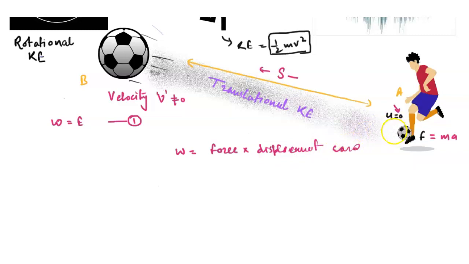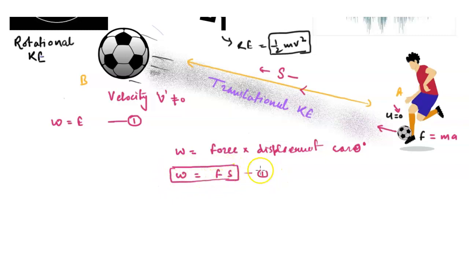You can see the force is applied in this direction and the displacement is also in the same direction. That means it is a parallel case, so theta will be 0 degrees. So we can write work is nothing but force into displacement. We'll keep this equation in our mind as equation number 1, and put in the values later.